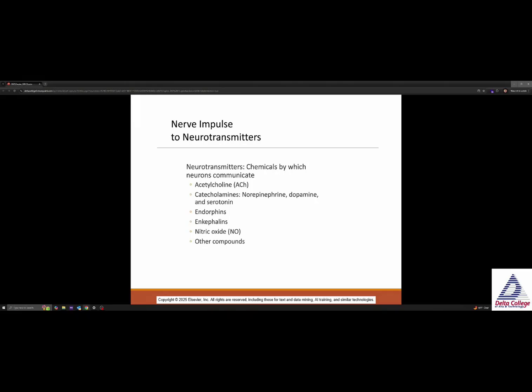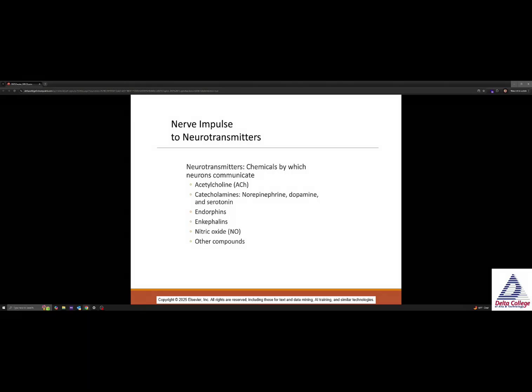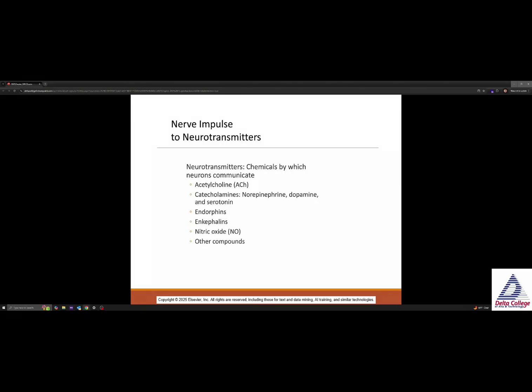These are norepinephrine, dopamine, and serotonin. There's only three, and they make up the amines group of neurotransmitters. Then we have endorphins, we have enkephalins, and we have nitric oxide. And there are some other compounds that we don't really talk about much.